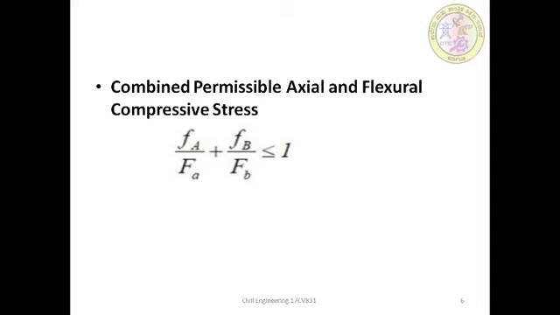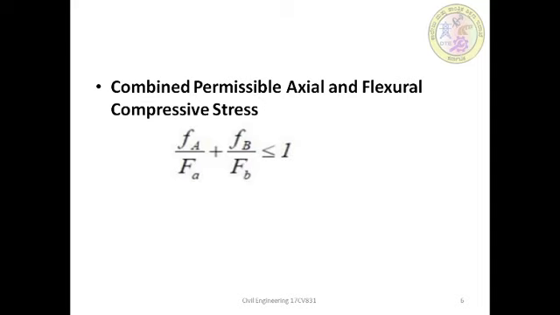Here small fa is the calculated compressive stress due to axial load only, small fb is the calculated compressive stress due to flexure only, capital Fa is the allowable axial compressive stress, and capital Fb is the allowable flexural stress, which is around 1.2 times Fa, the allowable axial compressive stress.